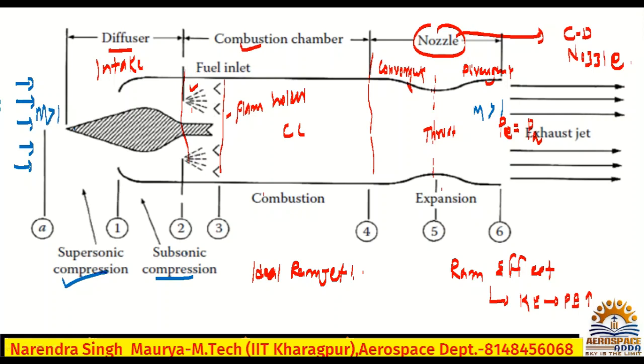That's the reason for this whole thing, like shock formation, and in the intake you will have supersonic compression and subsonic compression. In that way you get the pressure rise.